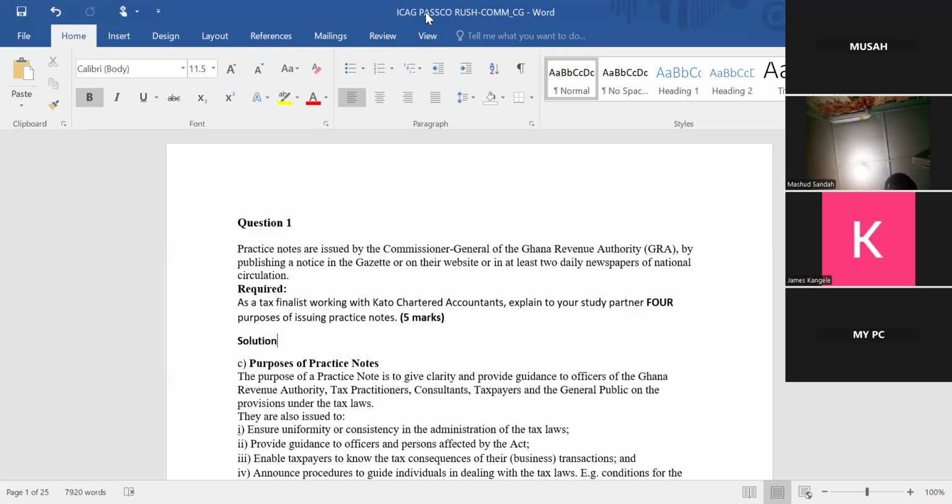And as we know, one of the GRA's functions is to what? To identify the taxpayers, assess the taxpayers to tax, collect the tax, and pay into the consolidated fund. I think some time ago, somebody asked those from GRA how the tax is being used, and the simple answer they will give you is that our mandate is to identify the taxpayers, assess them, collect the tax, and pay into the consolidated fund.